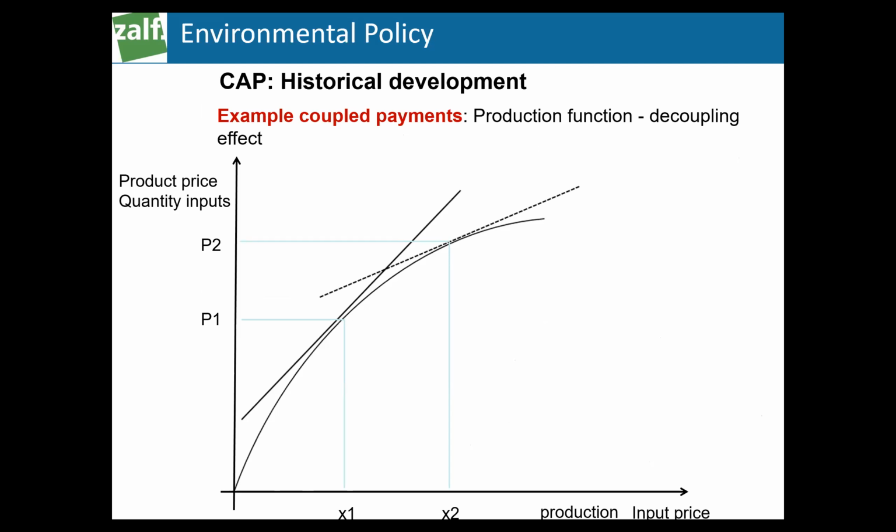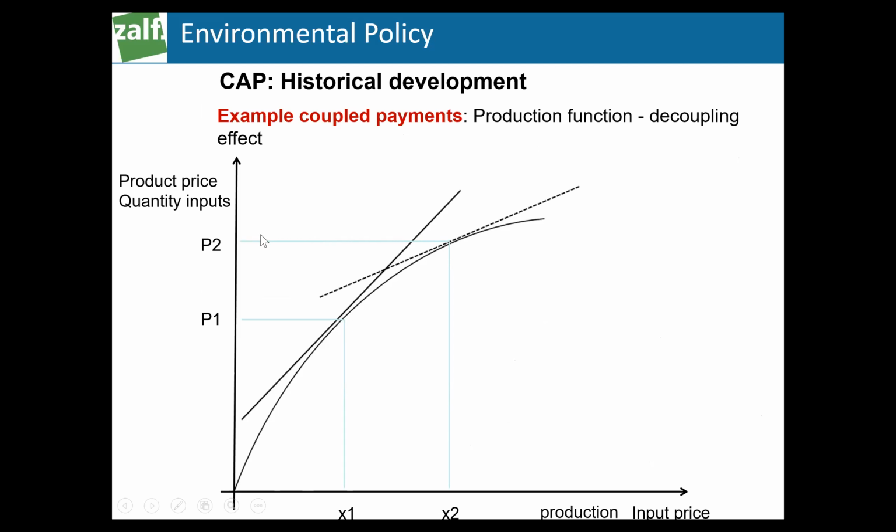And I just have this example of decoupling here, and you see the slide, no? Normally the intervention was as shown, but you can see it the other way around.